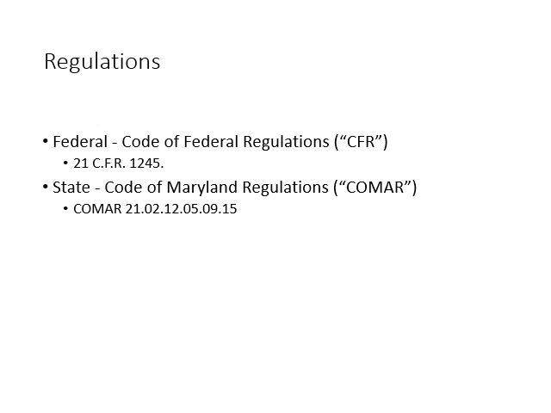Now, again, because Maryland wants to confuse you, we do not cite to our Code of Maryland Regulations the same way we do to the Code of Federal Regulations. Instead, you'll see the abbreviation COMAR with no punctuation in it, followed by a string of numbers that kind of look like an IP address. 21.02.12.05.09.15.